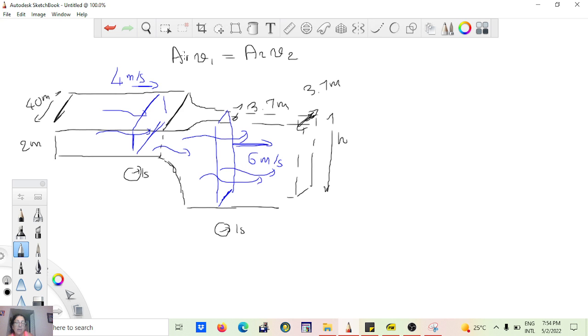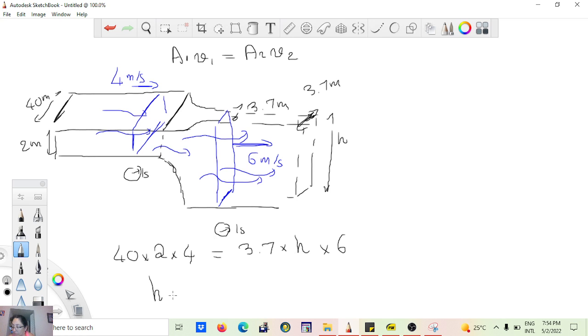Which makes sense? And the volume is A1 V1 for 1 second, right? So A1 is this area here, which is 40 times 2 times V1, the speed, so it's going to be 4, equals 3.7 times the height times 6.